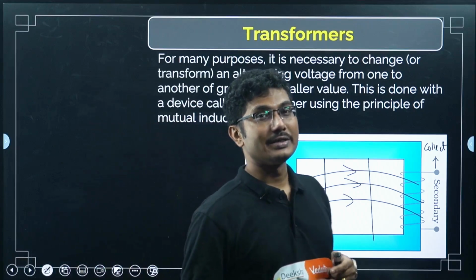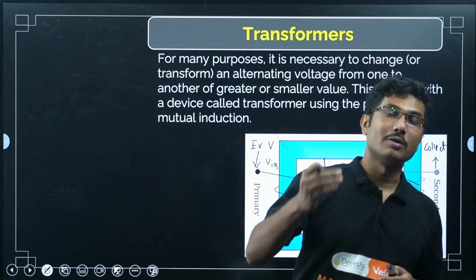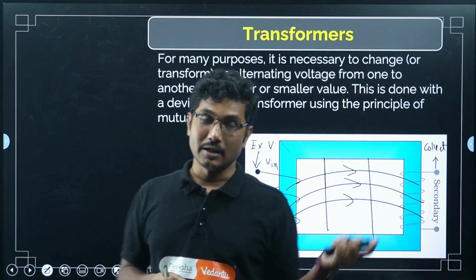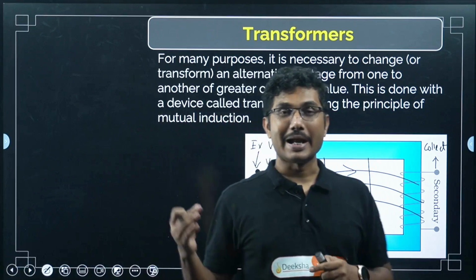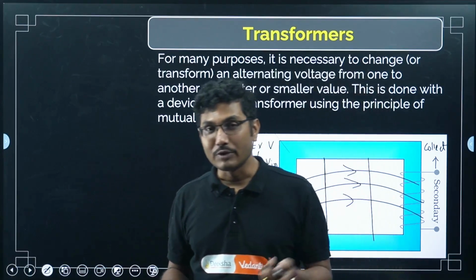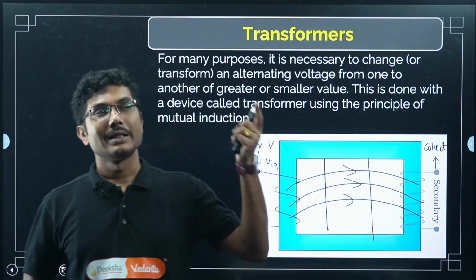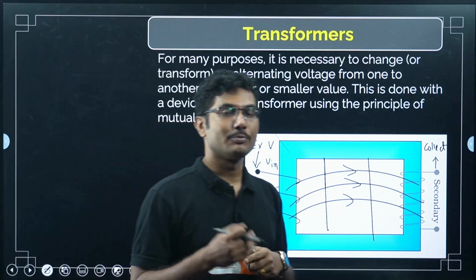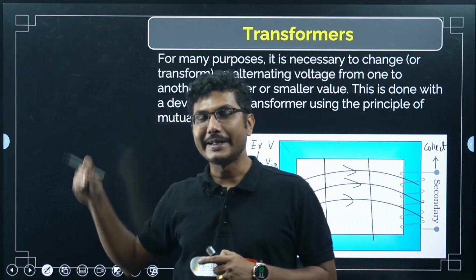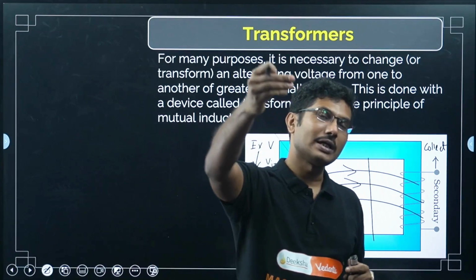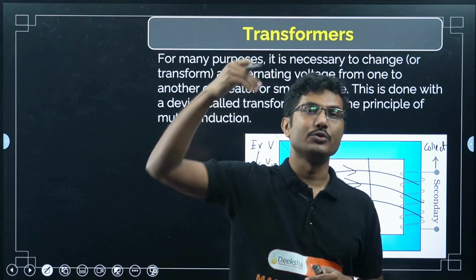That is, if there is a power generation center, maybe a hydro plant, wind plant, coal based plant, or a nuclear based plant, there are many electric plants across India. From there the current is transported to your cities. The poles and high tension wires transport the current from the source to your home.